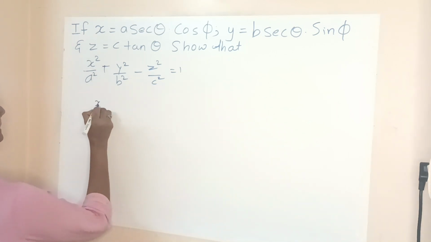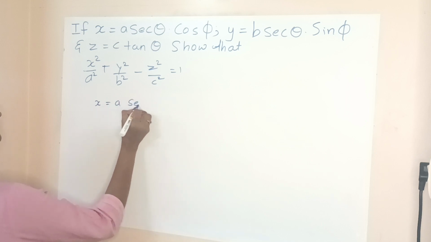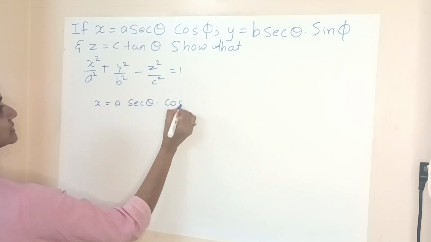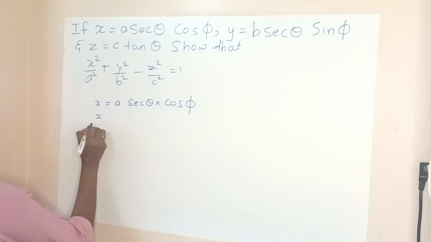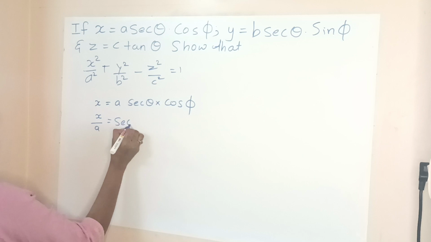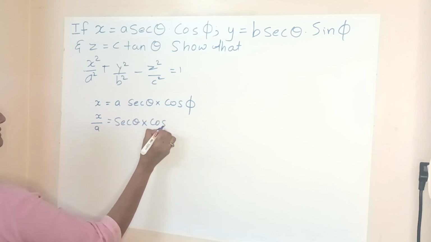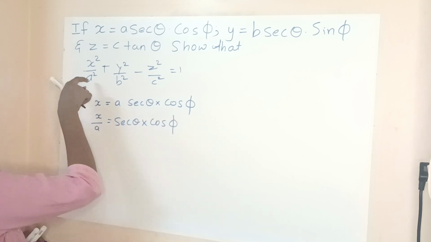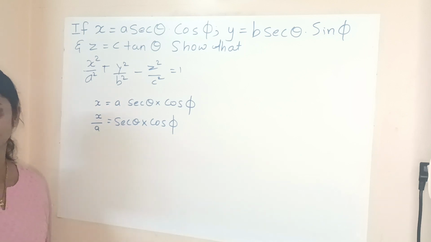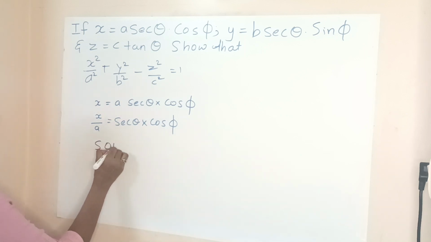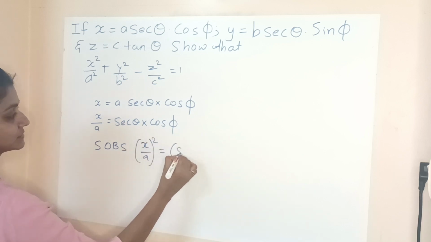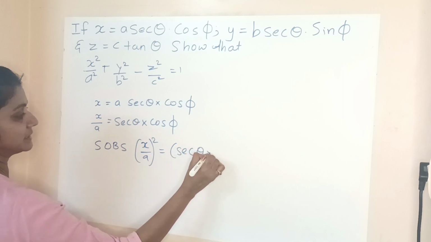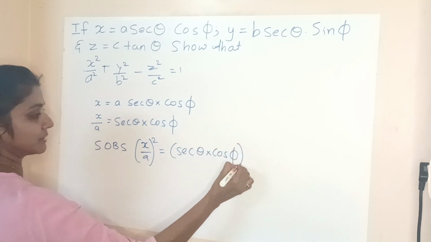What is written? x is equal to a sec theta into cos phi. This is all multiplication, so without any hassle I can write this as x by a equals sec theta into cos phi. They are asking x by a or x square by a square? So squaring will give me x by a whole square equals sec theta into cos phi whole square.